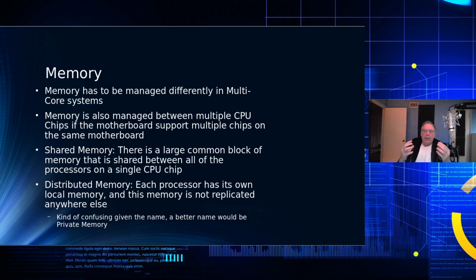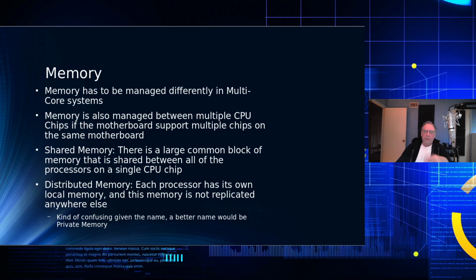So it's memory that is not replicated anywhere else. It's memory that's private to that particular CPU. I don't know why they didn't just call it private memory. Distributed memory is generally either L1 or L2 or both. It depends on how the chip manufacturer designed their L2 cache.